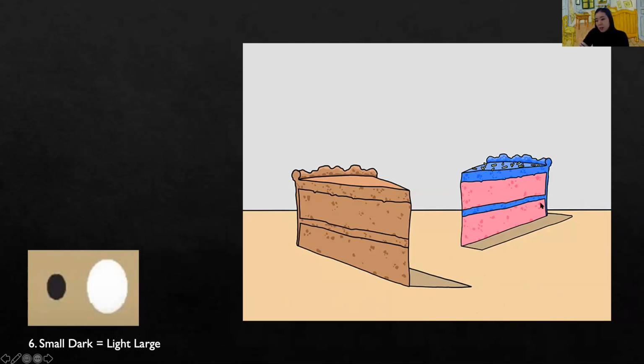The colorful piece of cake can be the small dark form, and here is a larger one, and this is the large light form with the saturated background color, like this.